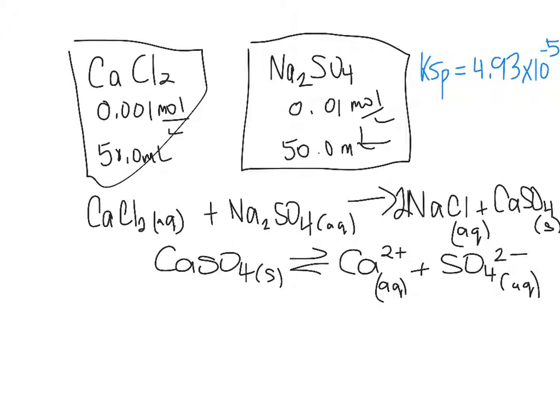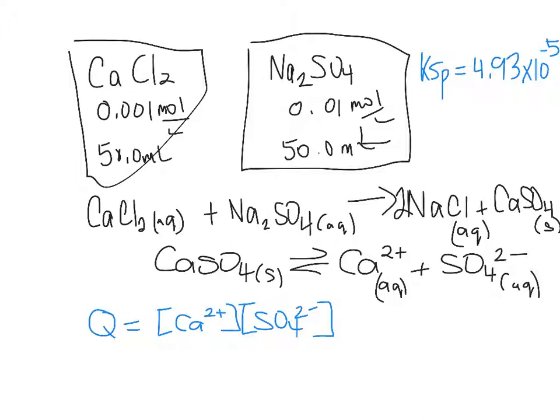So Q is going to be equal to the calcium concentration times the sulfate concentration. So plug in the values for that and compare your answer to the KSP.